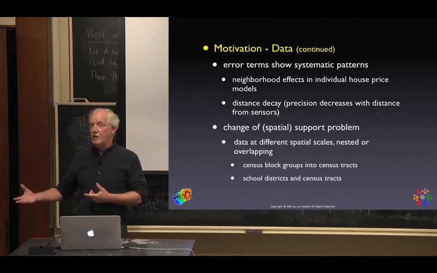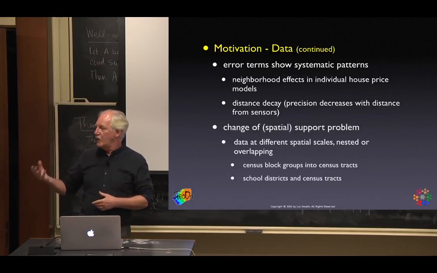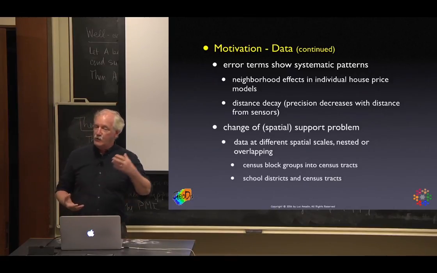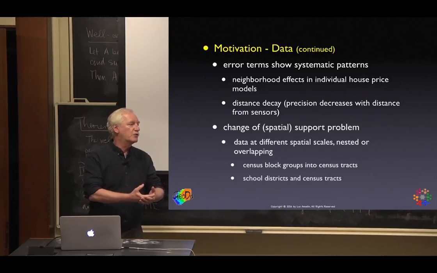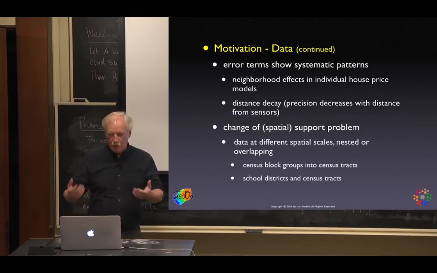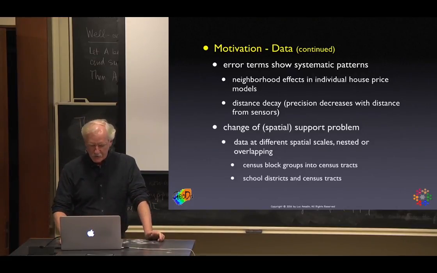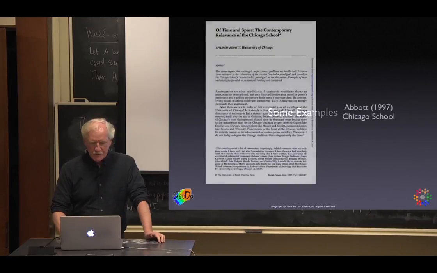So you have information on the socioeconomic characteristics of the quote-unquote neighborhood as the census tract, and then you have other characteristics of the school district. How do you get these to match? That's an inherently spatial problem that will require spatial analysis. So just some examples, classic examples.